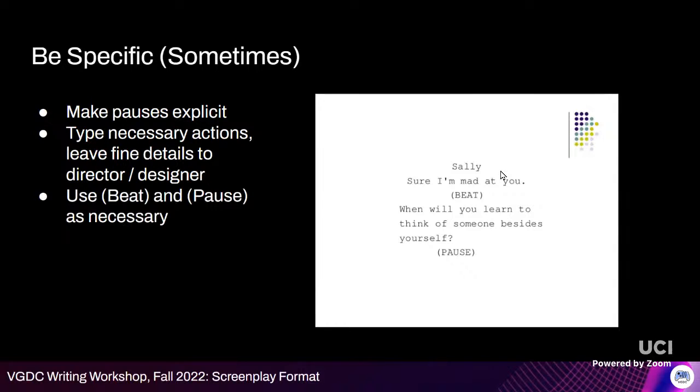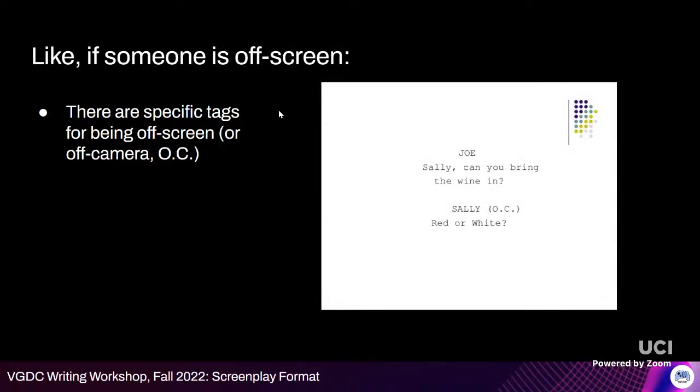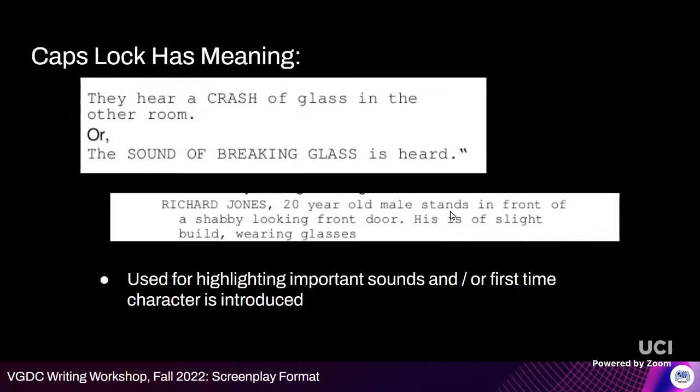So like you see on the slide, use beat and pause as necessary in the screenplay, and specify when someone is off screen. There's a specific tag for being off screen. As you can see here in the screenplay, it's noted by the initials OC. So use that to show that someone's talking off camera.